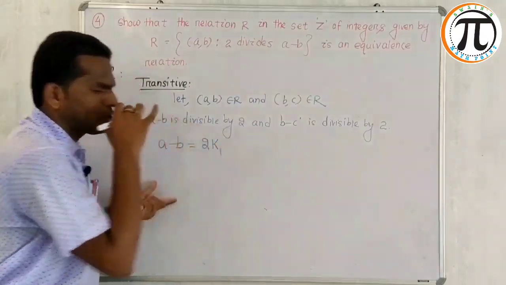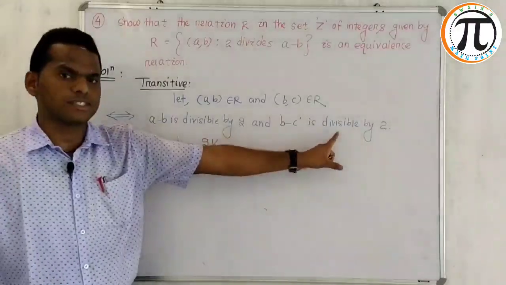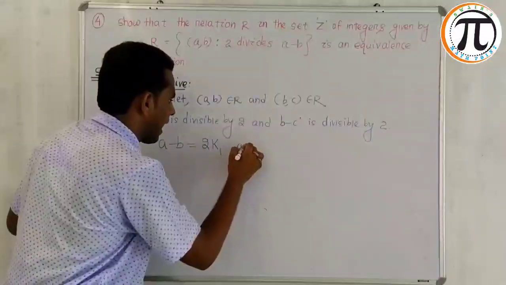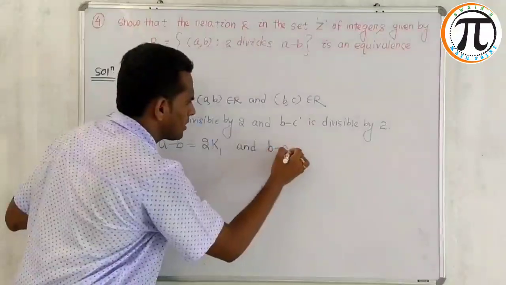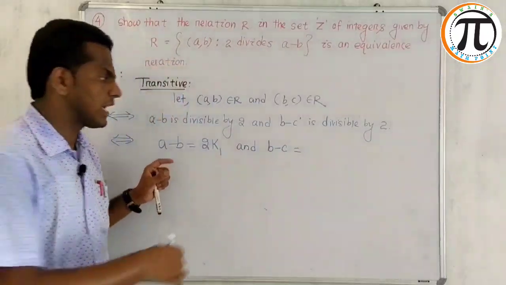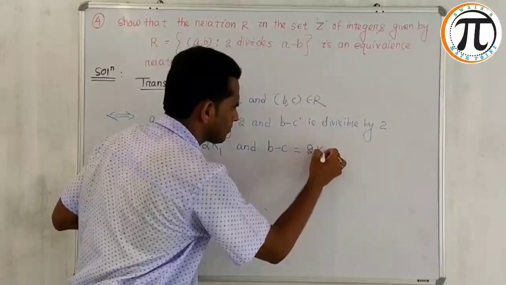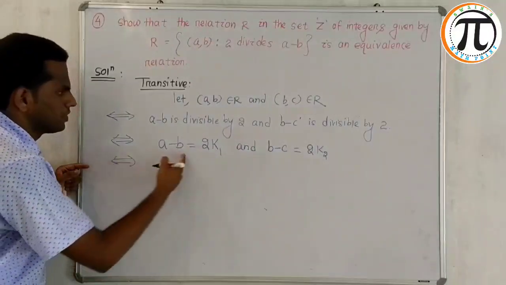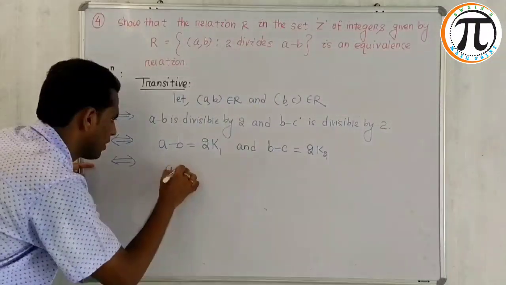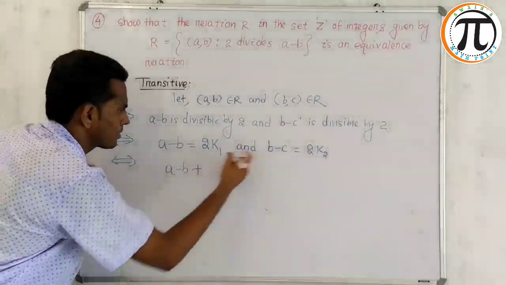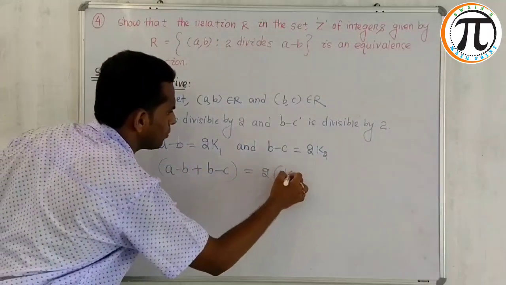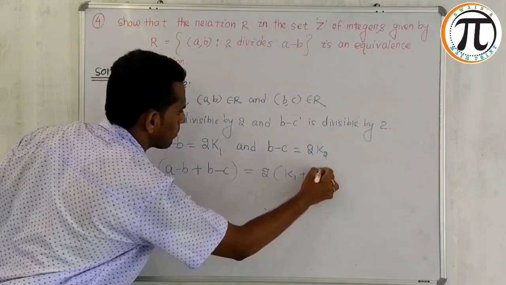So first thing, try to take k1 because another example is there. So for this k1, for that k2. So A minus B is 2k1 and B minus C is also divisible by 2. Can I write 2k2? Okay. So एक काम करो, just to add both these equations. When you add A minus B plus B minus C equal to 2 into k1 plus k2.